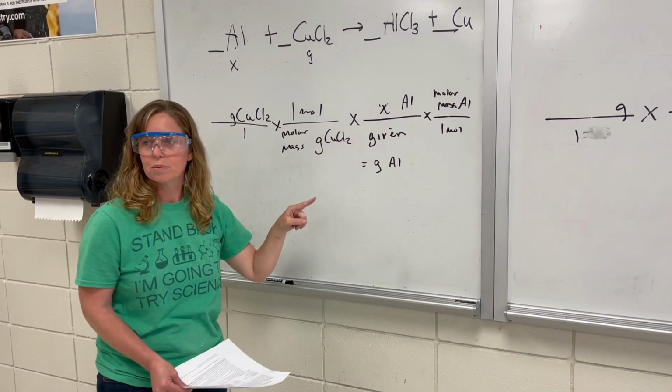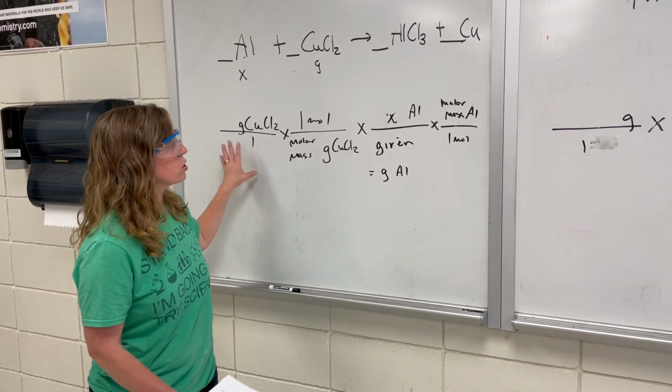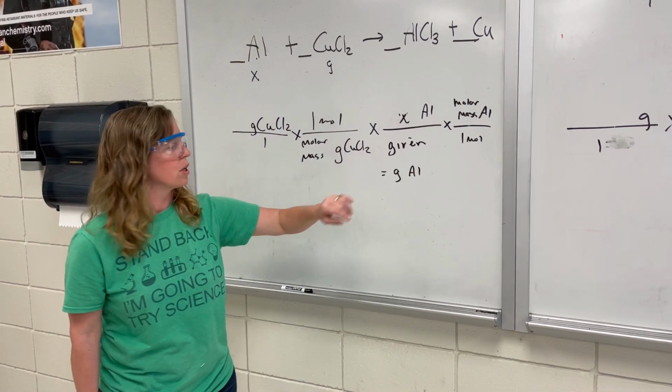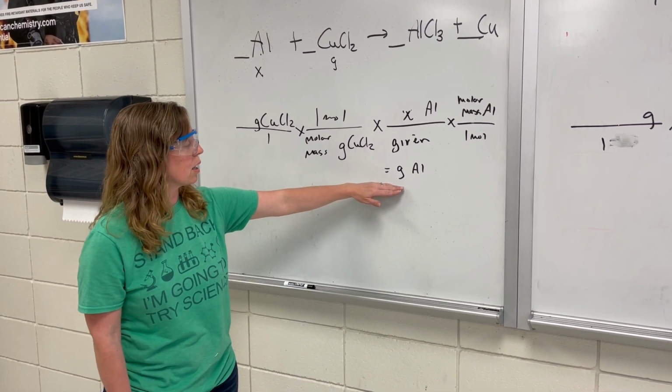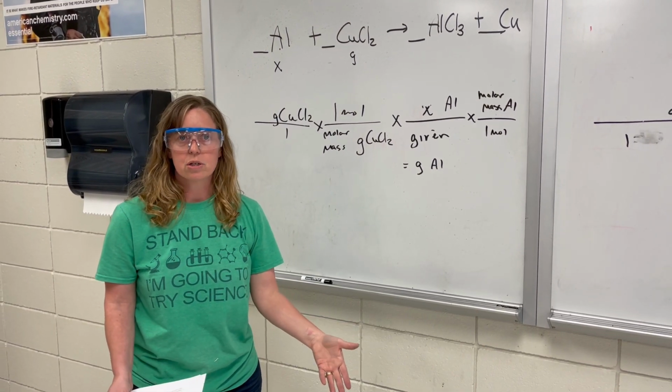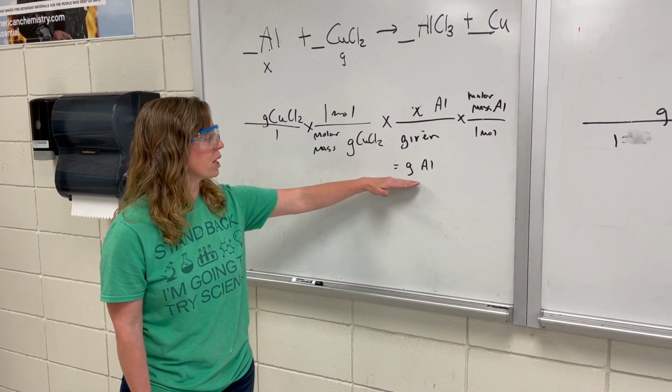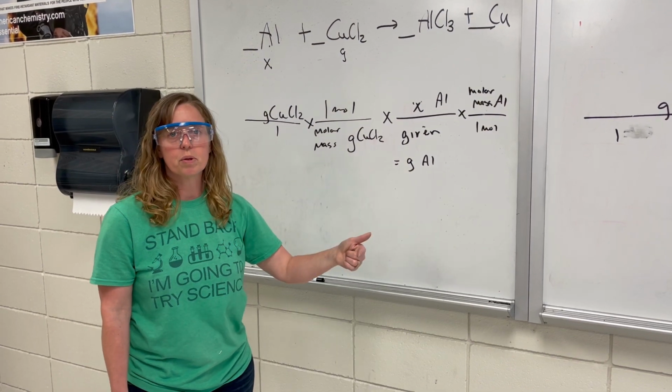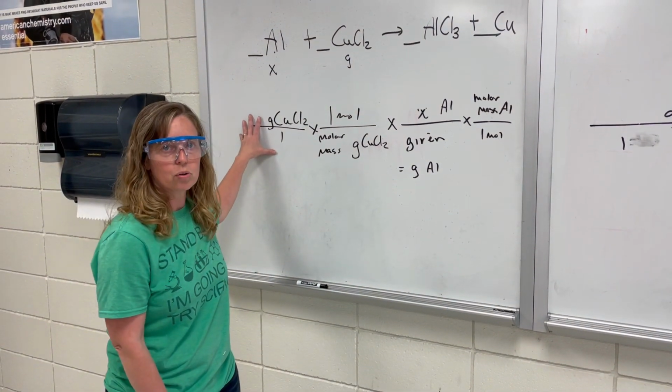Once you do all of your calculations, you're going to come up with the number of grams of aluminum you need for the reaction. Whatever you come up with here is how much aluminum you need if you've used all of your copper chloride up.